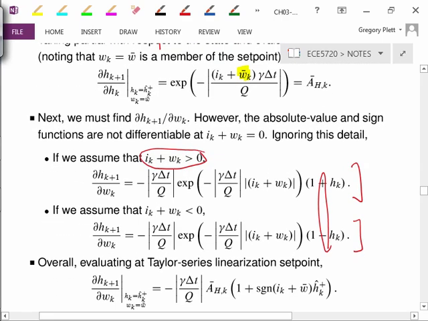So what we're going to do overall is combine these equations, and notice that this here is what we called A bar. If I substitute W bar in this derivative, I would get A bar h,k, and same with that.